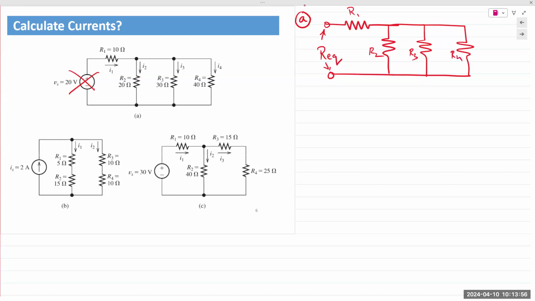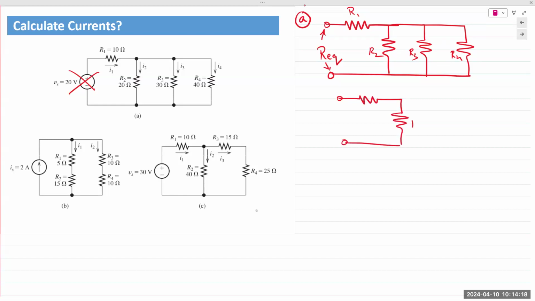What do we see? R4, then R3, and then R2. Both ends of R4 are connected to both ends of R3, and they're also connected to both ends of R2. So they are in parallel.